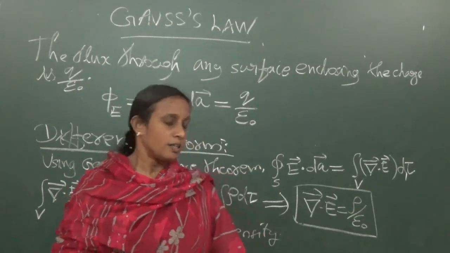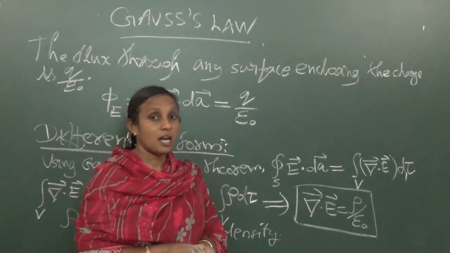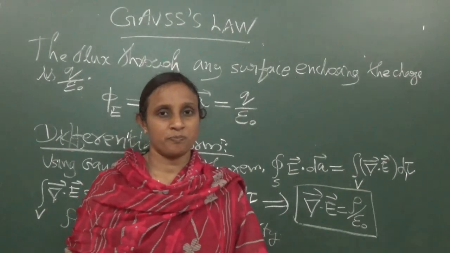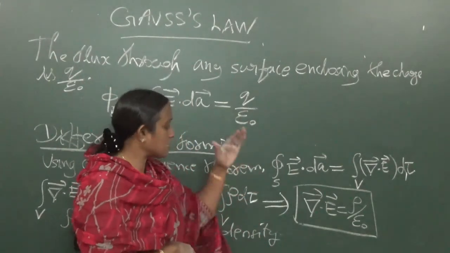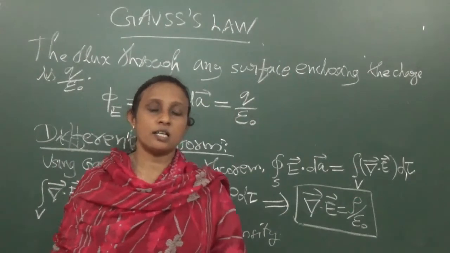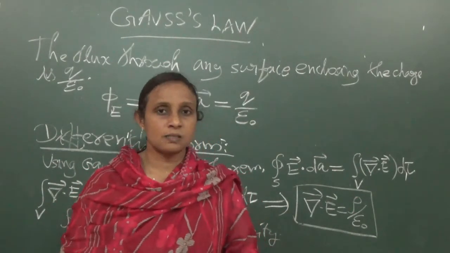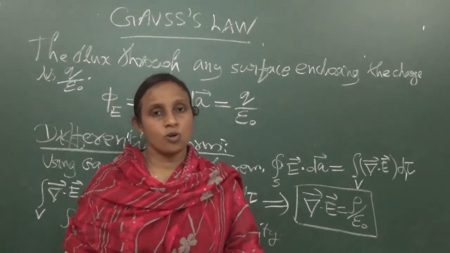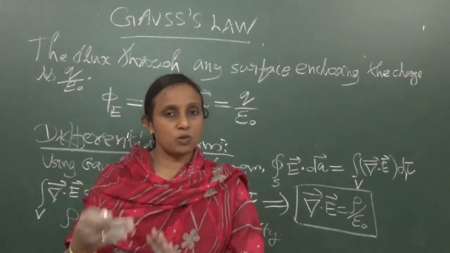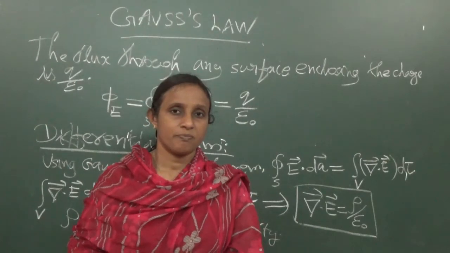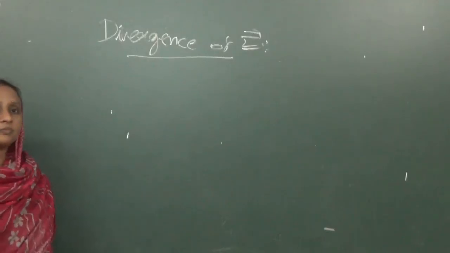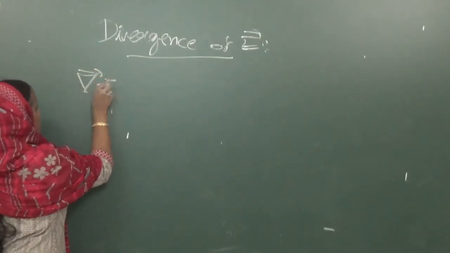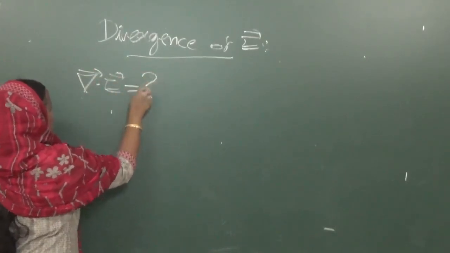Okay. Now we want to check how you can find this divergence of the electric field. Before that, just remember what we learned here. We learned about field lines, then moved on to flux. Finally, it extends to Gauss law in integral form and Gauss law in differential form. Now, we know that del dot E represents divergence.